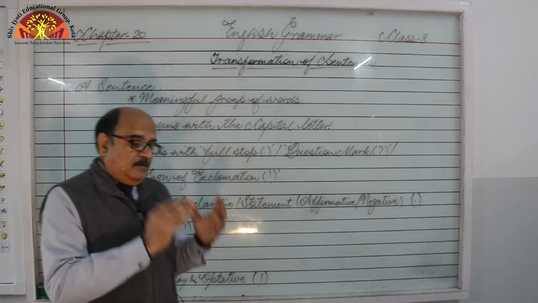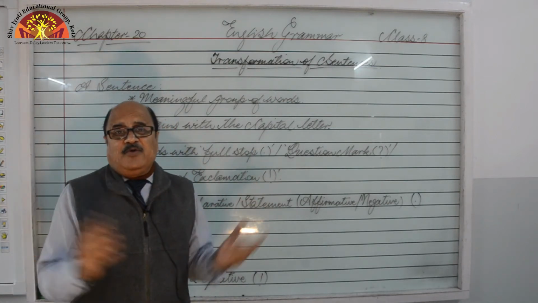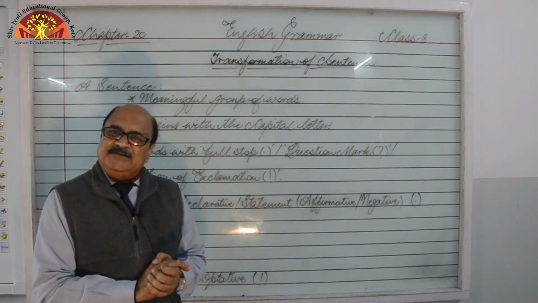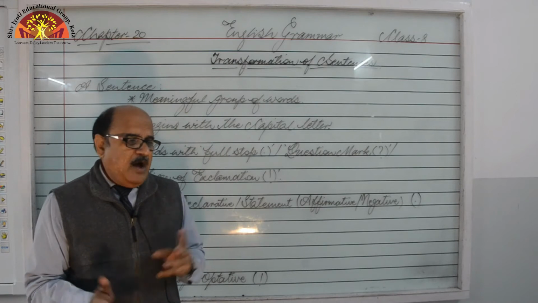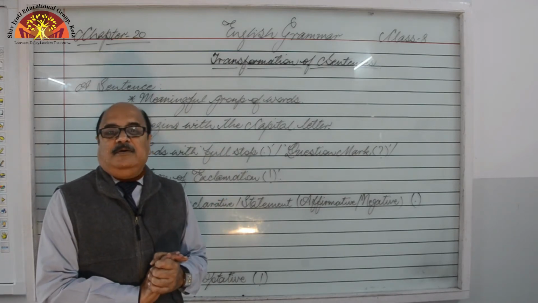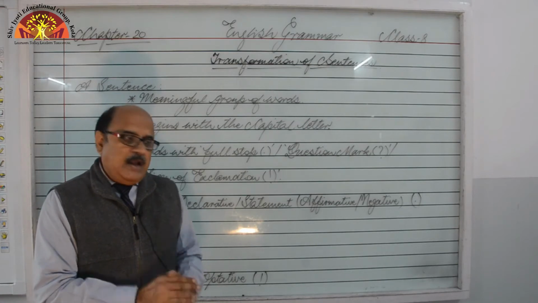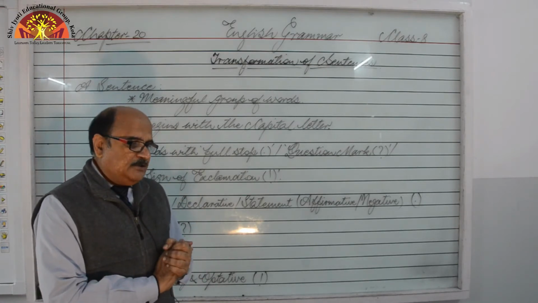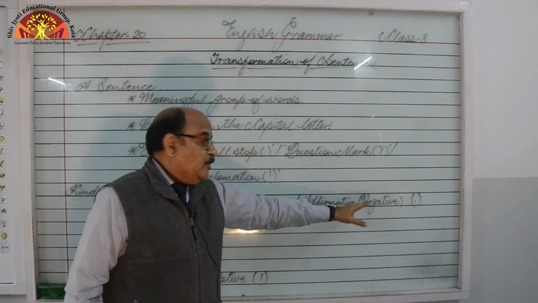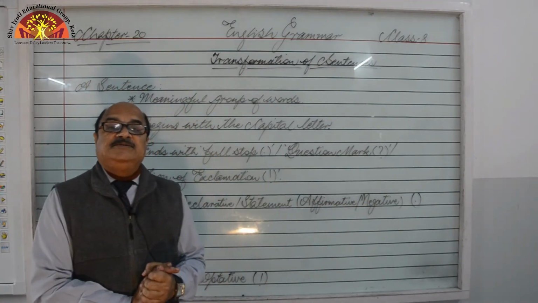For example, if I say he is a good boy, and suppose we have been told to convert this sentence into negative. He is a good boy, affirmative, and now we have been given instruction to change it into negative. So now we have two ways. First, we can say he is not a good boy, but don't you think the meaning is changed? Earlier we said he is a good boy, now we are denying the fact, and now we are saying he is not a good boy, right? Now second option, we have to change this affirmative into negative, but the meaning should remain the same.